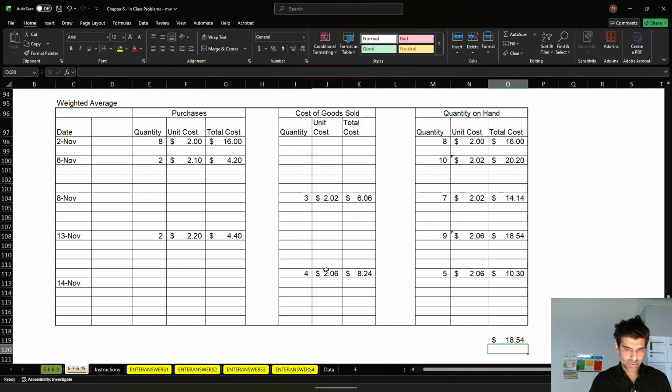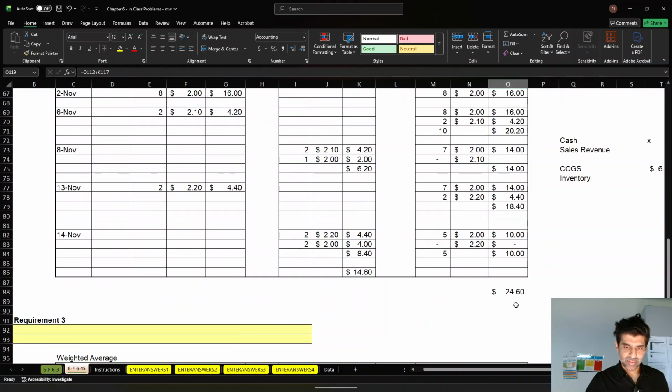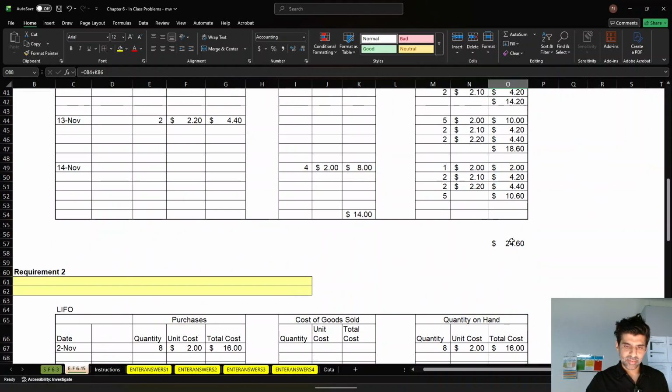Oops. What did I do wrong? Oh, I know what I did wrong. So it's this plus this. If we add these two up, the ending inventory plus the total cost of goods sold, again, $24.60, $24.60, $24.60.